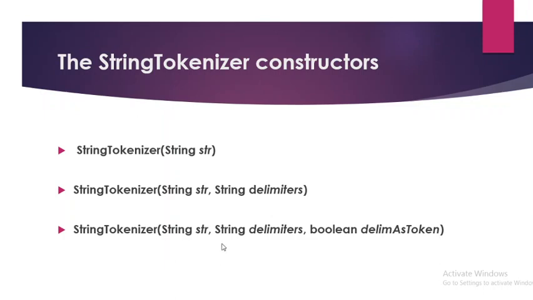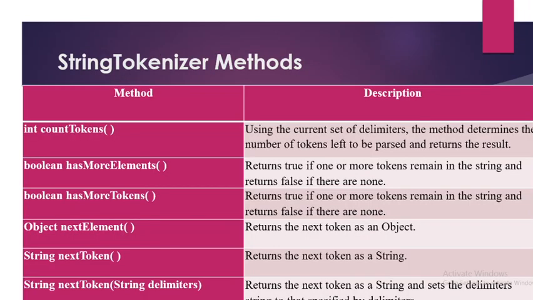So if this third argument is true, every delimiter will be considered as a separate token, and if it is false, the delimiter characters are not going to be considered as tokens. So these are the constructors and the meanings of the arguments within the constructors.